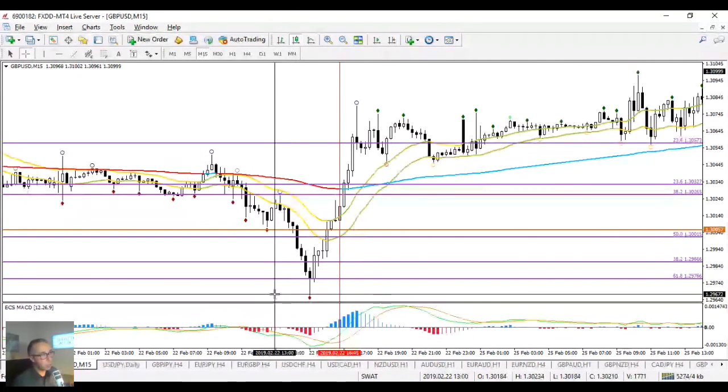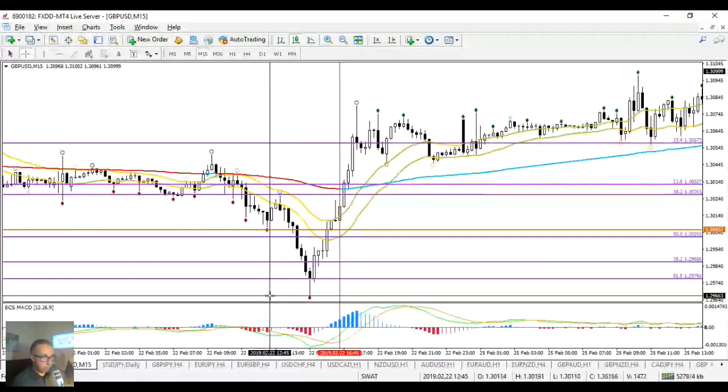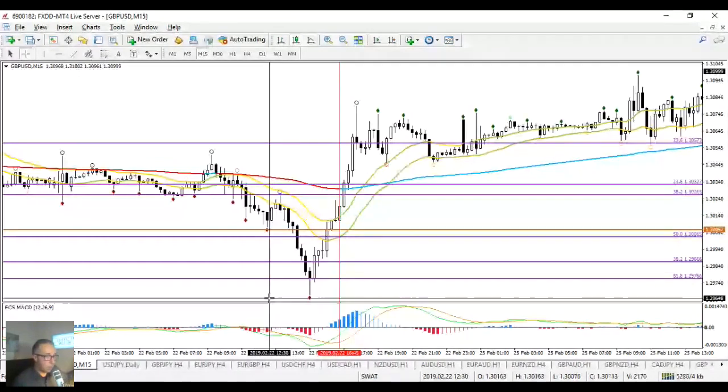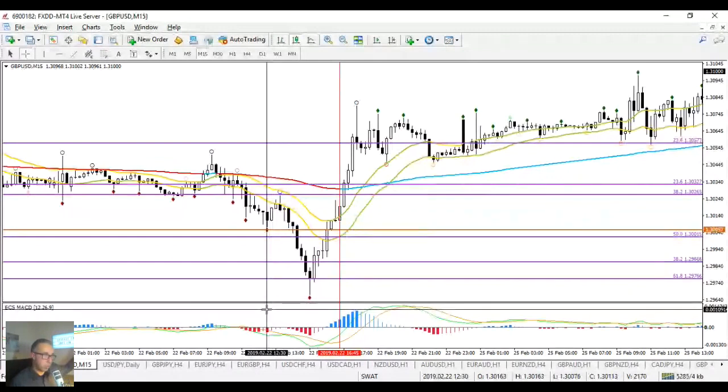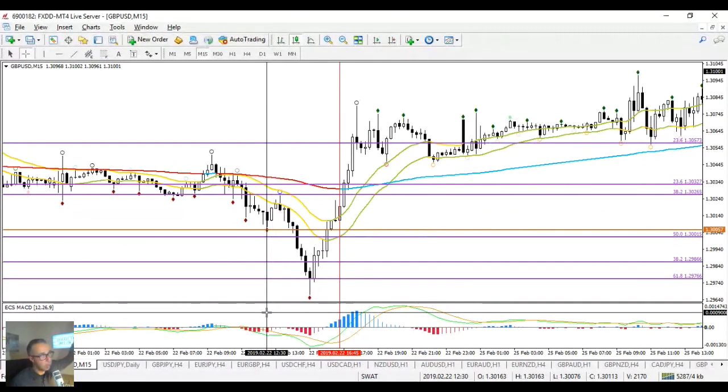But generally speaking, whatever indicators you use, whether it's mine or your own, you can always use this sequence: decision zones, triggers, and then entries.